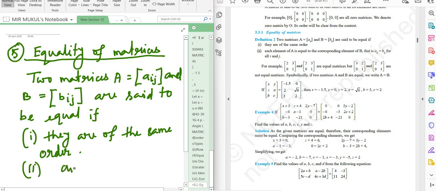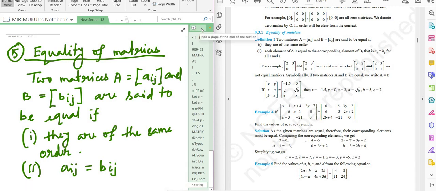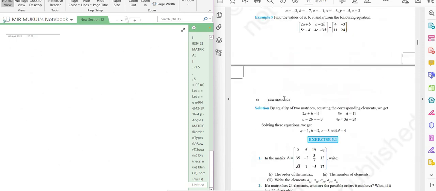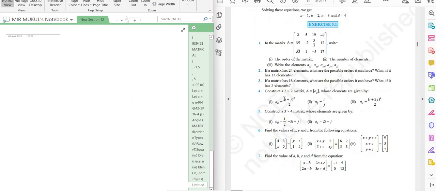That means Aij should equal Bij. Then we can say two matrices are equal. Is it clear? Okay.